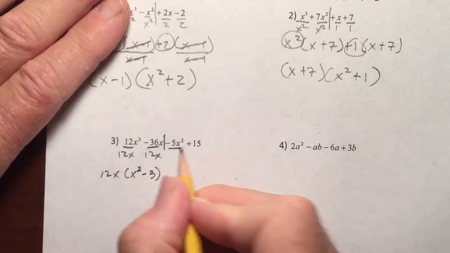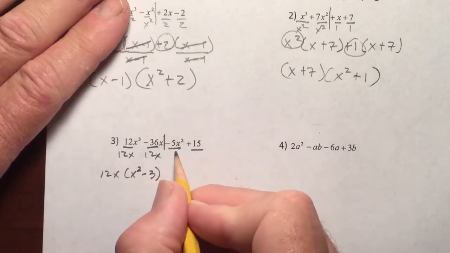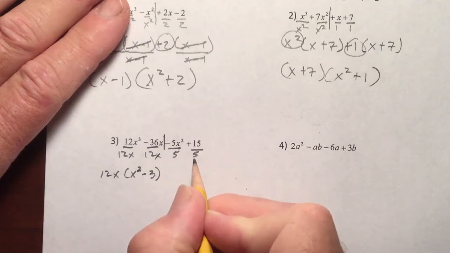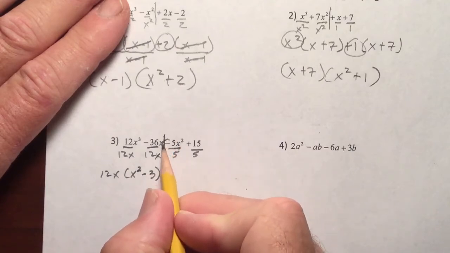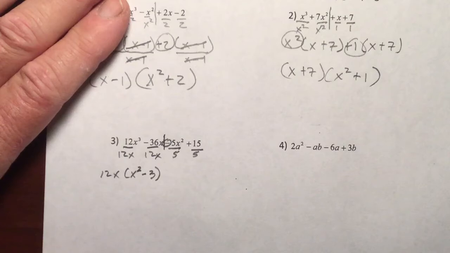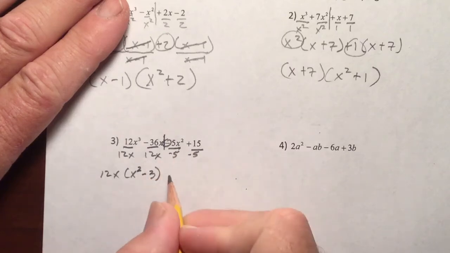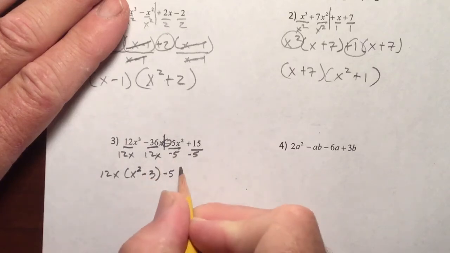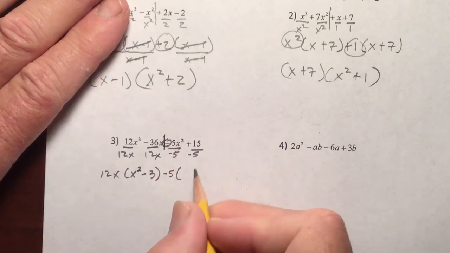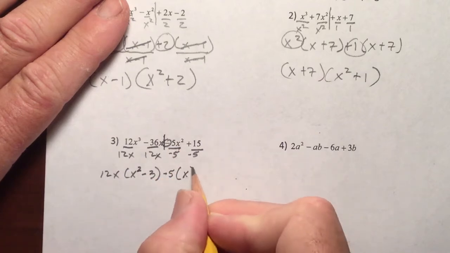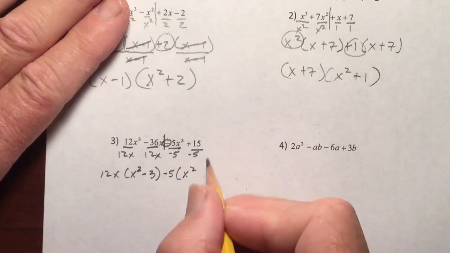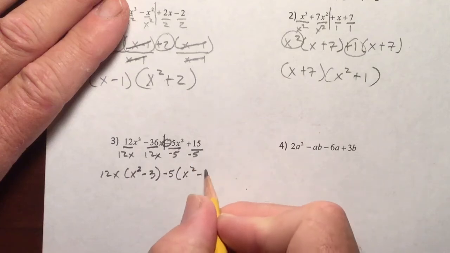Now the common factor here is 5, but since this has a negative on that third term, you're going to need to factor out a negative. And I'll show you why. So I'm going to factor out negative 5. Negative divided by a negative is a positive, so you get x squared. And then positive divided by a negative is a negative, and that's going to be 3.